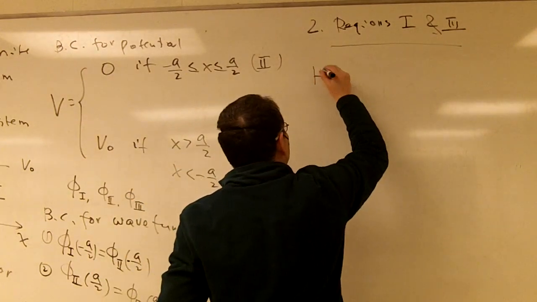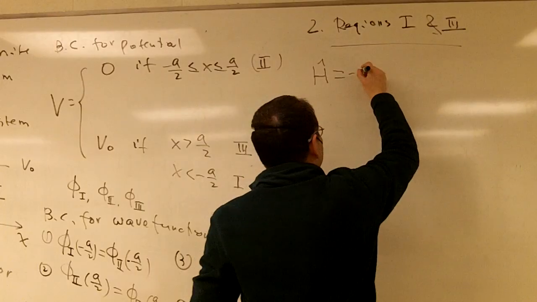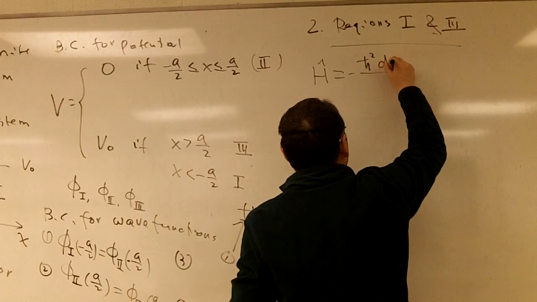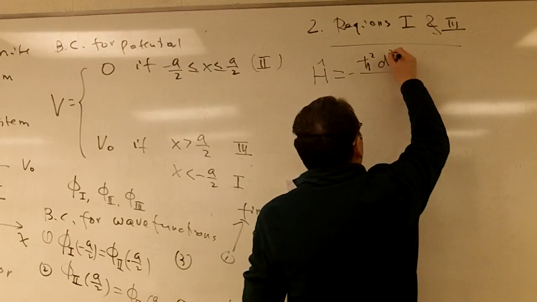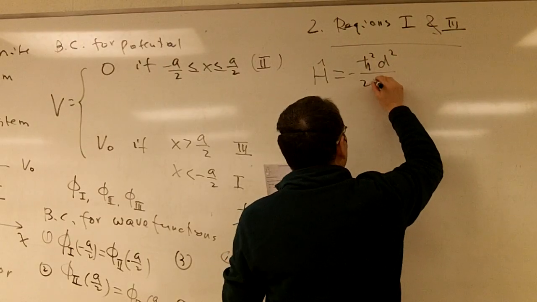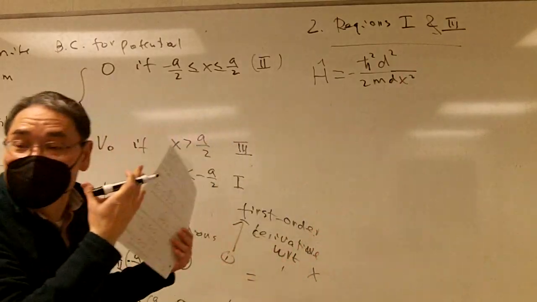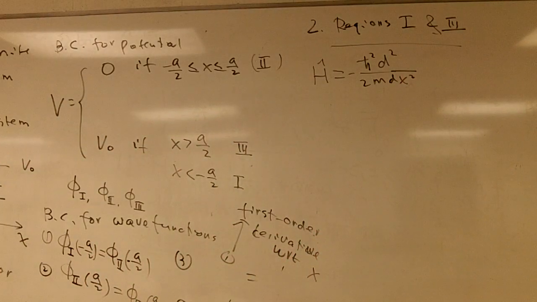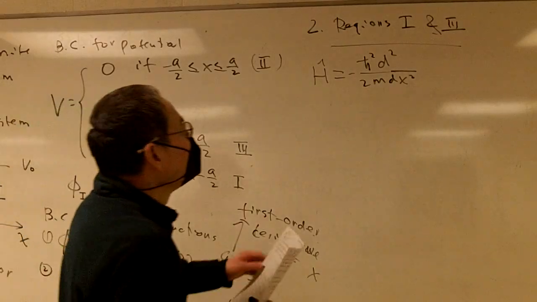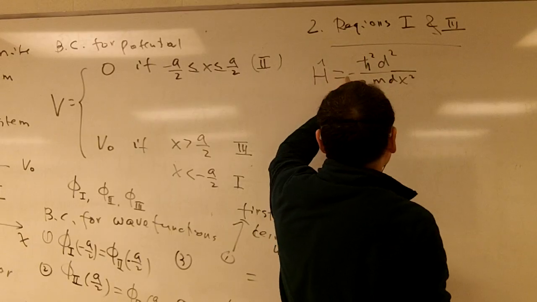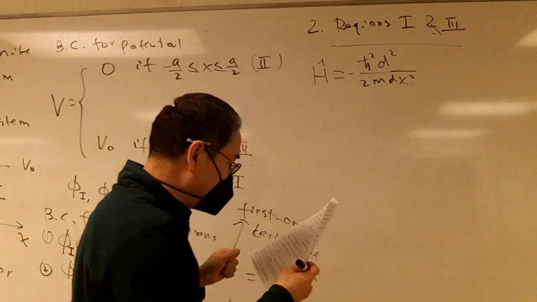So the Hamiltonian is now equal to this part, h bar squared over 2m. Now, instead of using the partial, we're going to use the derivative because it's just one dimensional, d squared over dx squared. That's the Hamiltonian. This first term is the kinetic energy operator, with a negative sign in front.